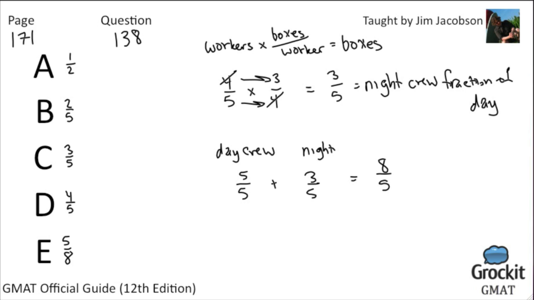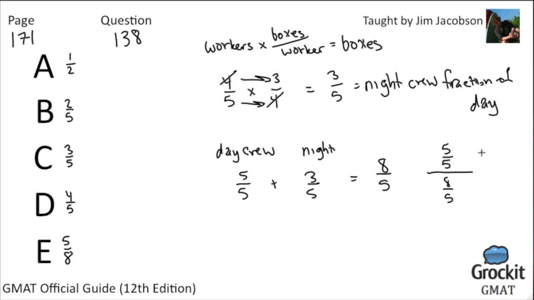And so then the question is, what fraction of 8/5 is what the day crew does? So we can simply do, they do 5/5, the ratio of that to 8/5.